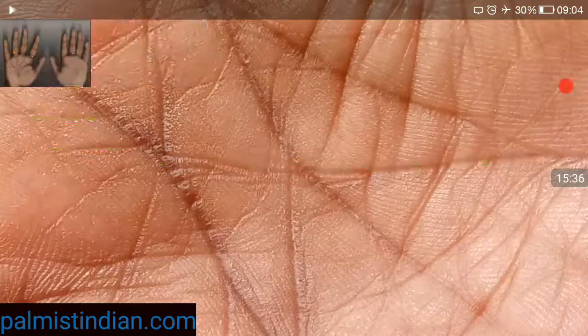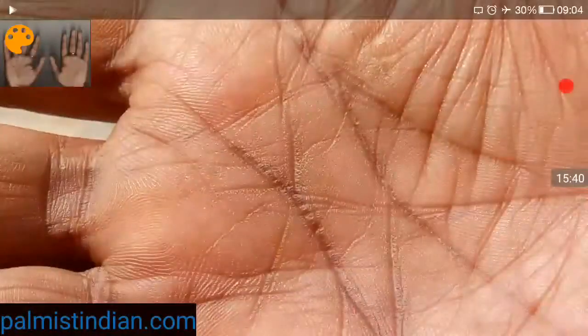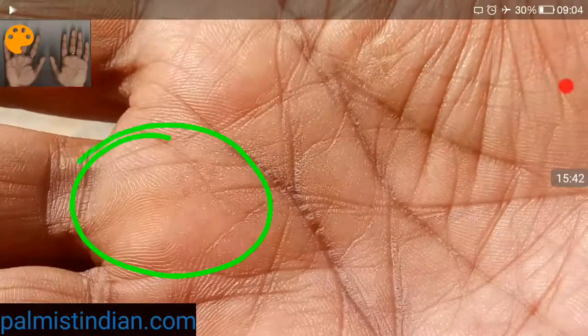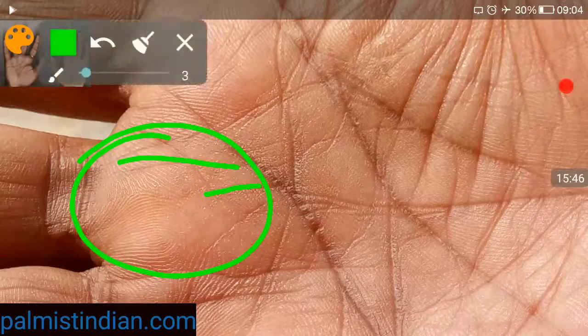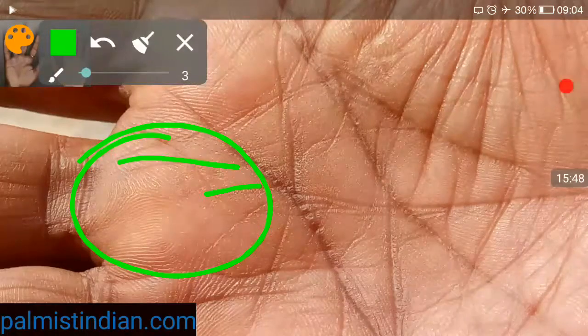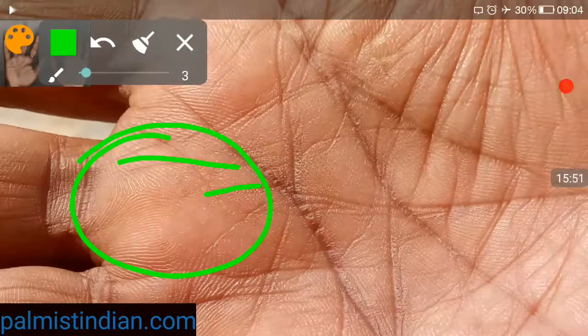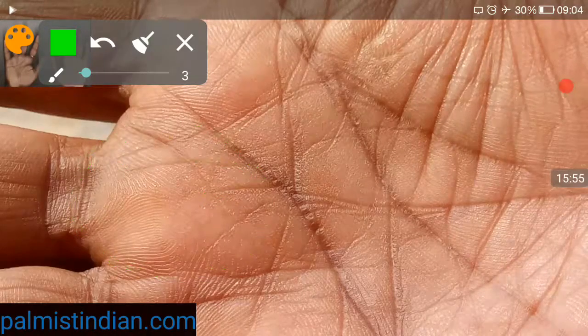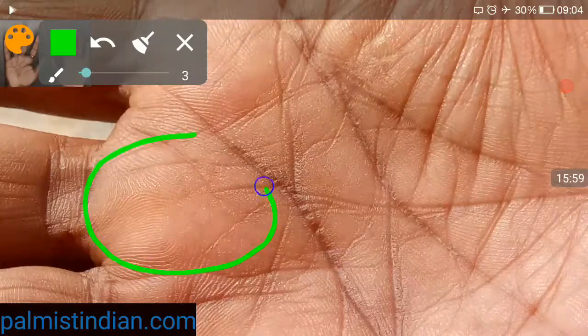These lines that go straight towards the mount of Saturn are always good. It indicates good money. The person is able to create wealth for himself and for his family, and the person does have possessions in his life.